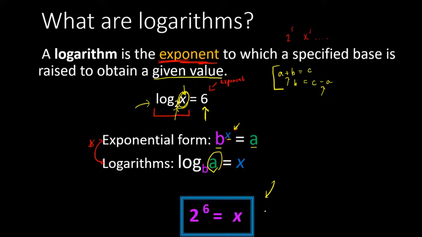So 2 to the x equals 6 is the same statement as log base 2 of x equals 6, okay? These have the same information encoded in them. But as you can see, it's simpler to solve this. We can easily take out a calculator or just write it out and figure out what 2 to the 6th is. Okay, so again, you'll want to practice just going back and forth between exponential and logarithmic form.